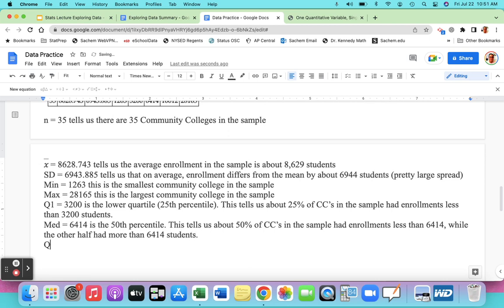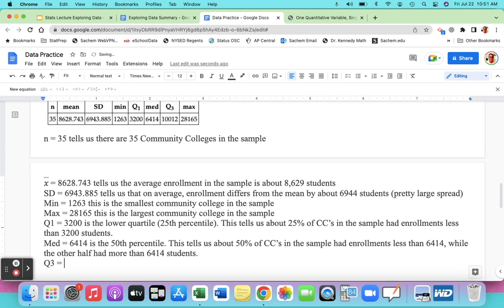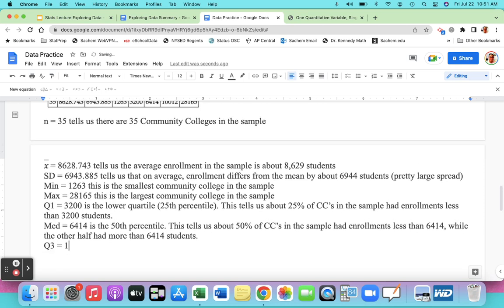Okay, and then Q3 is the upper quartile. What was that? 10,012. You could use commas for thousands, I'm just not. This is the upper quartile, which is the 75th percentile.